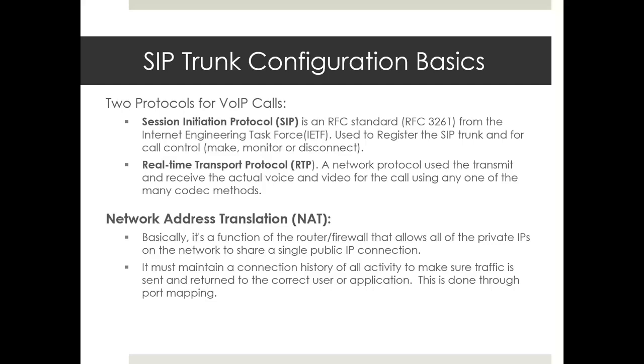The way that it does that is with port mapping, making sure that the traffic is sent to the right PCs and the right IP address. It has to keep track of all those connections going on simultaneously.